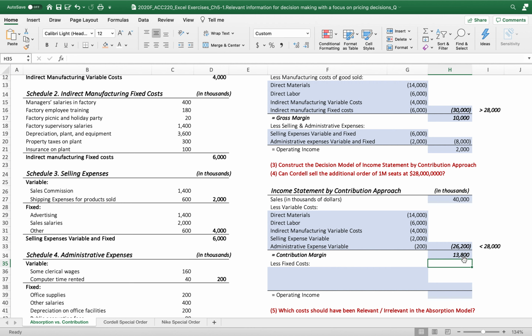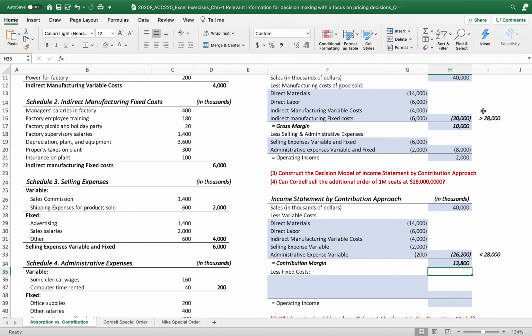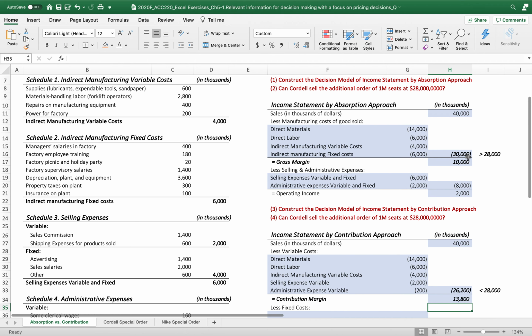We make contribution margin, which is the sales minus the variable cost, 13,800, which is higher than the gross margin because the total variable cost is lower than the manufacturing cost of goods sold by this absorption approach.